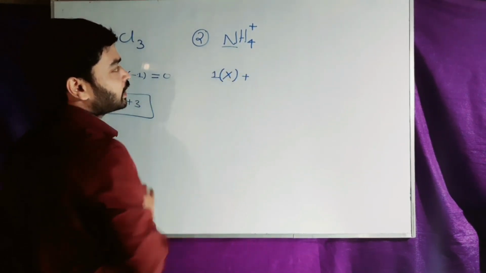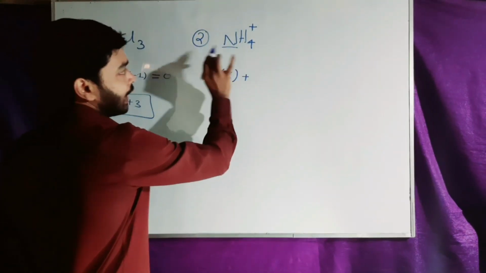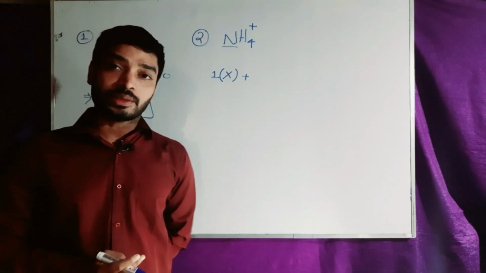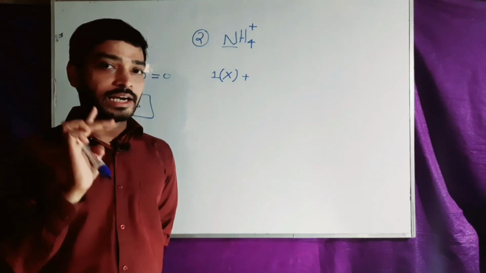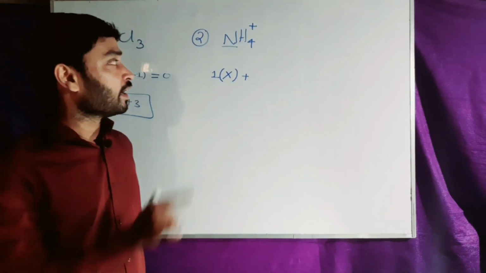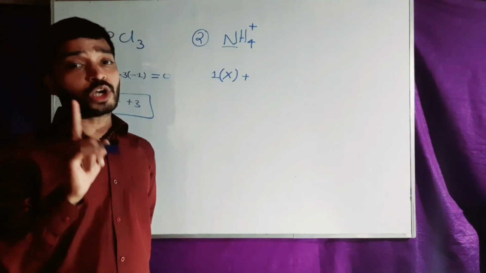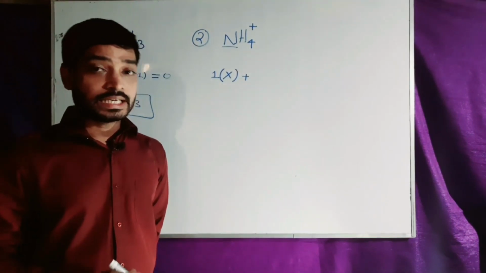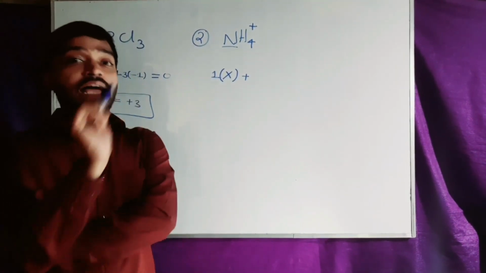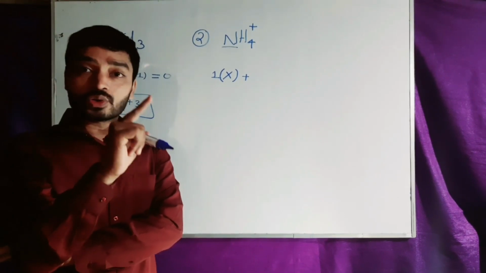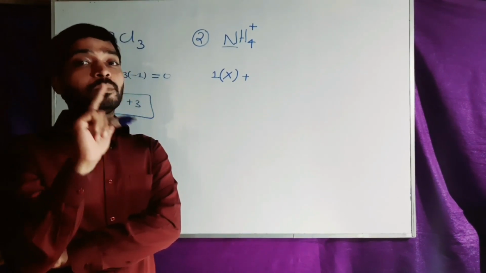Here for hydrogen, we know hydrogen shows two types of oxidation number, that is +1 and -1. Here hydrogen will show only +1, because the hydrogen atom has +1 oxidation state in compounds along with the non-metals.